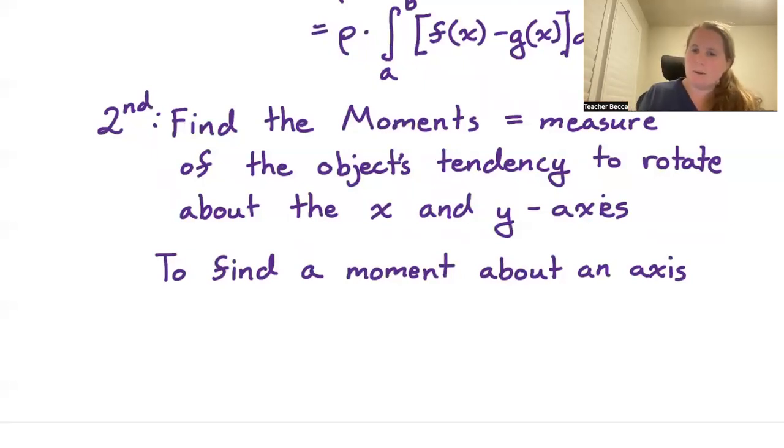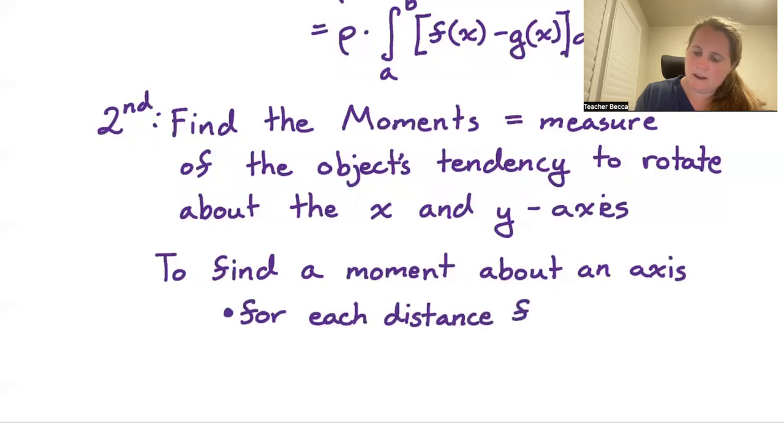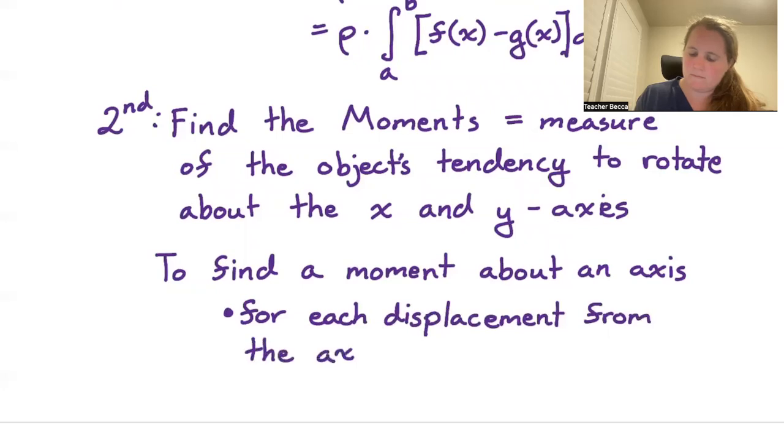So to find a moment about an axis, for each displacement from the axis, find the mass at that displacement.